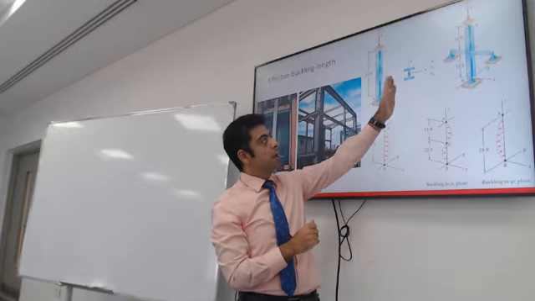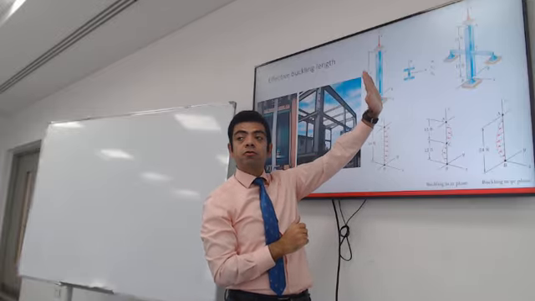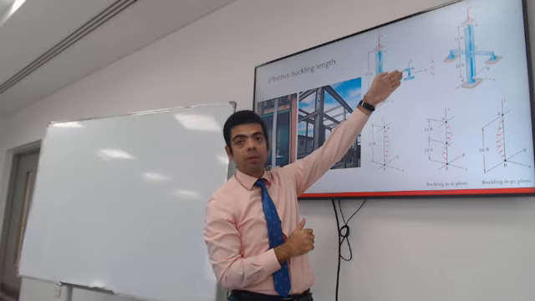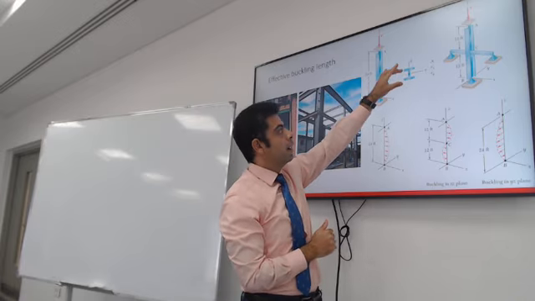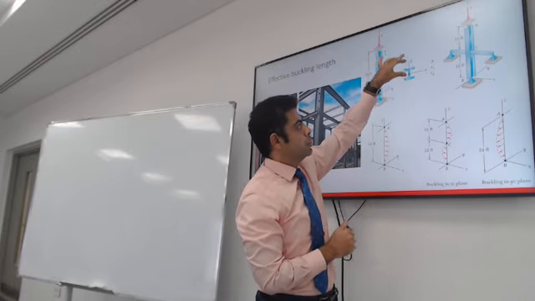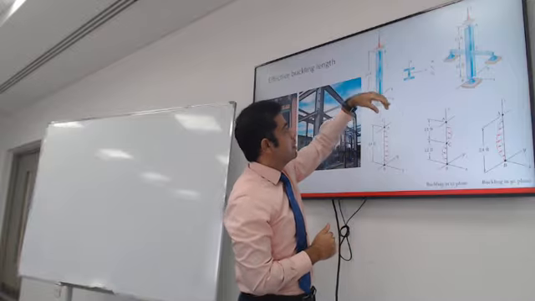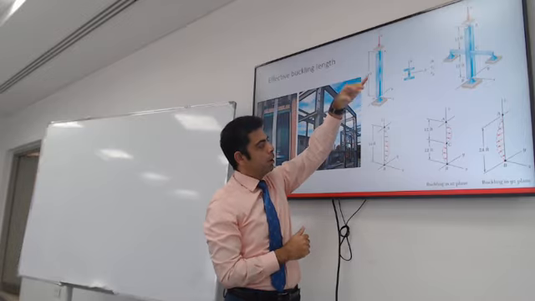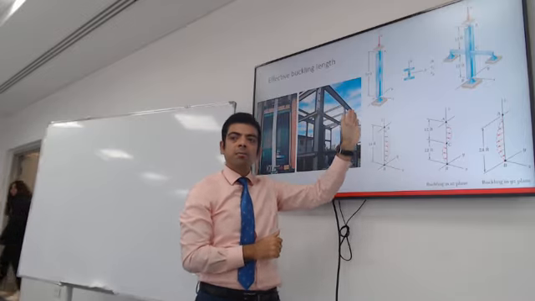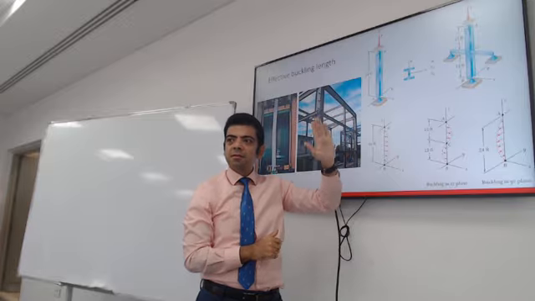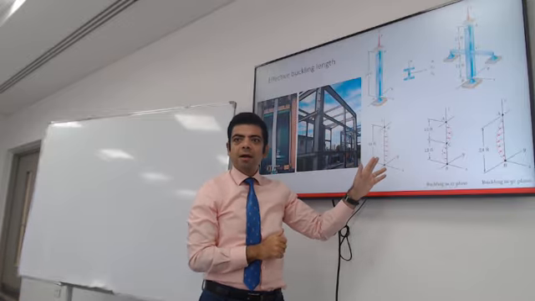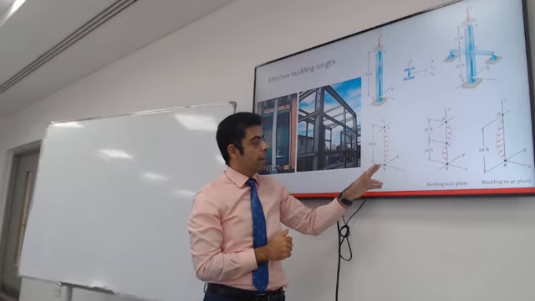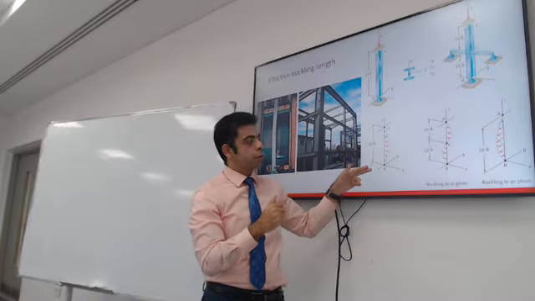So typically, the cross section is stronger in the direction of the web. It's very unlikely that this direction will be stiffer than this direction. That's why the column wants to buckle in the XZ plane. Does that make sense?